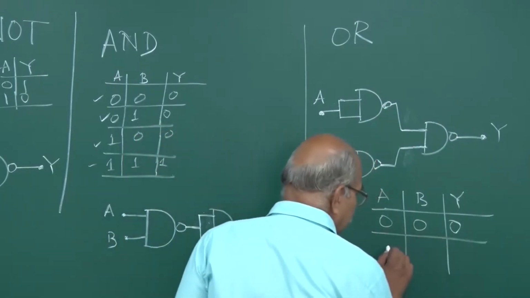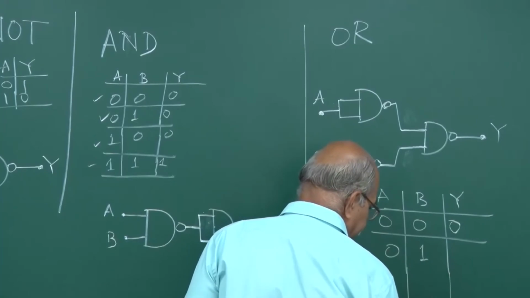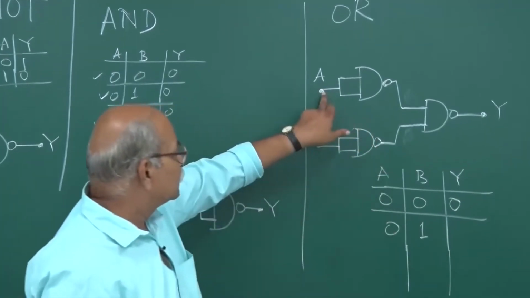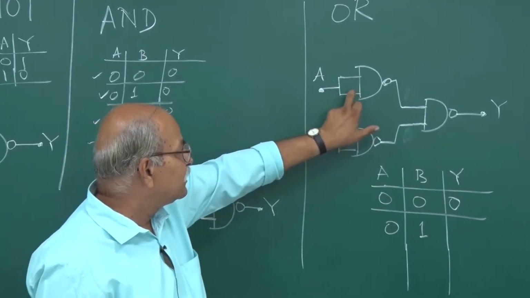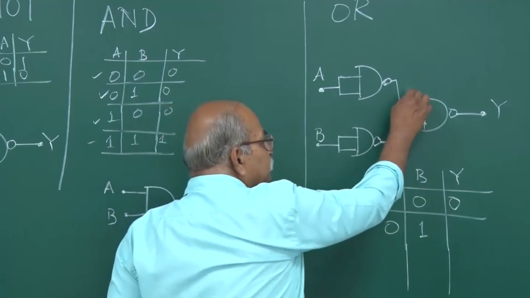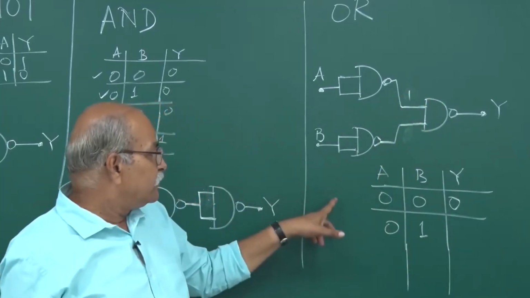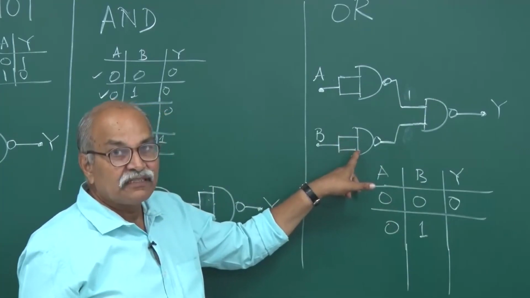Next, 0 and 1. A is 0. So this is 0. Fine. So if this is 0, this is 0, this is 0, and gives me 0. Not of 0 is 1. So this is 1. And from this side, B is 1. So this is 1 and this is 1.